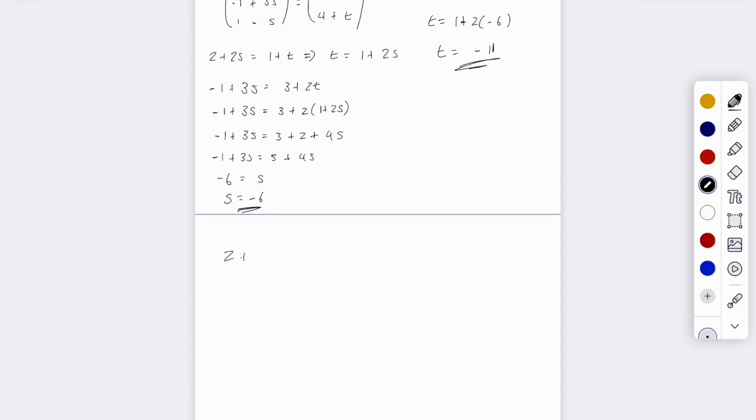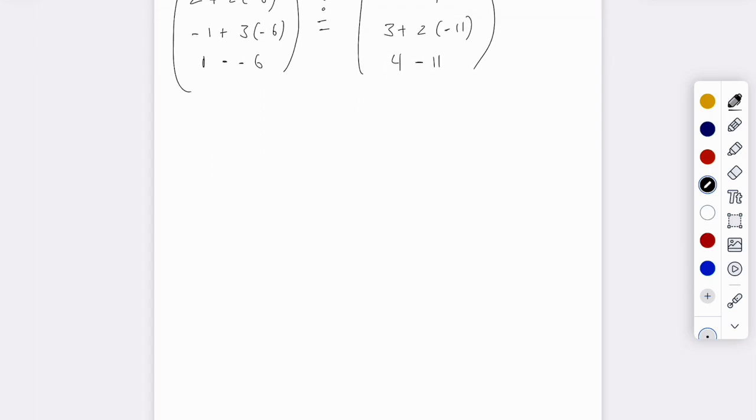So 2 plus 2 times minus 6, negative 1 plus 3 times minus 6, and of course 1 minus 6. I like to put a little question mark here, so we don't quite know yet. We've got 1 plus t, which is 1 minus 11, 3 plus 2t, and 4 plus t, so 4 minus 11.